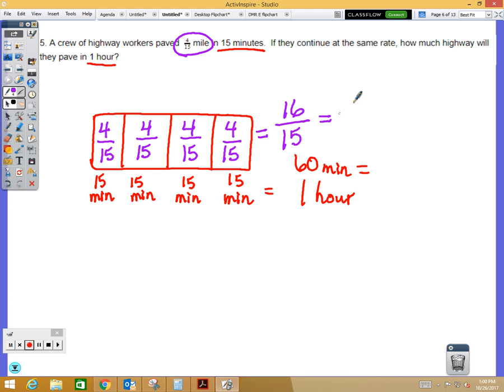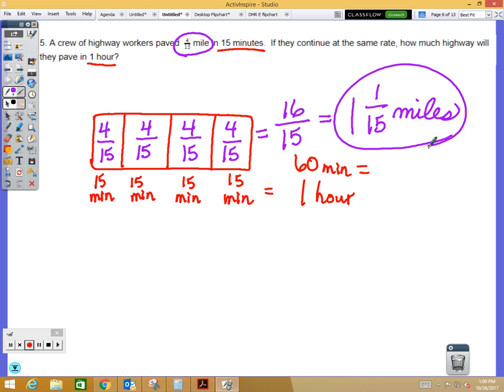How many left over? So there's our answer. Every 15 minutes they pave 4/15 mile. So in a 60-minute period, 1 hour, they pave 16/15, which is 1 and 1/15 miles.